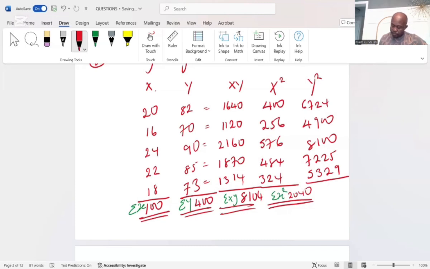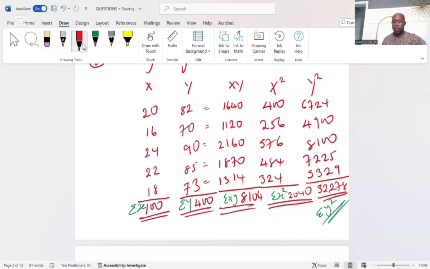And this will give me 32,278. This is my sum of y square.